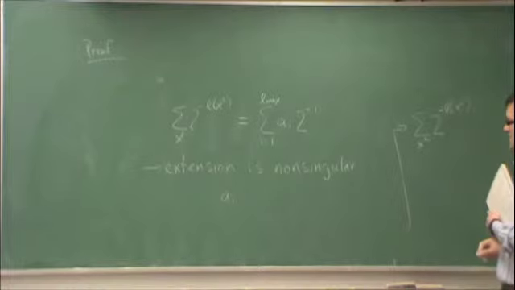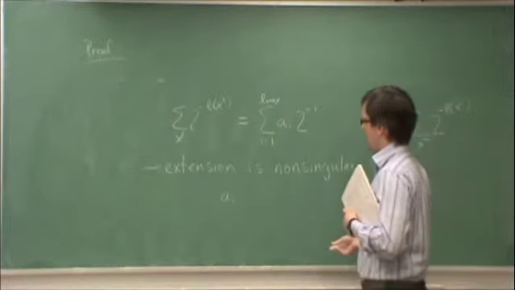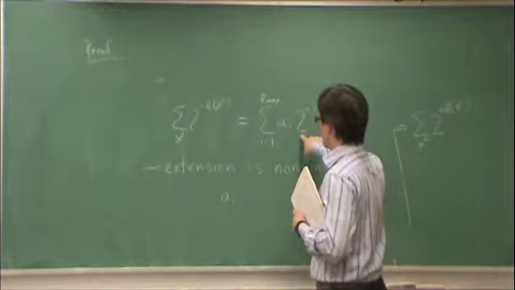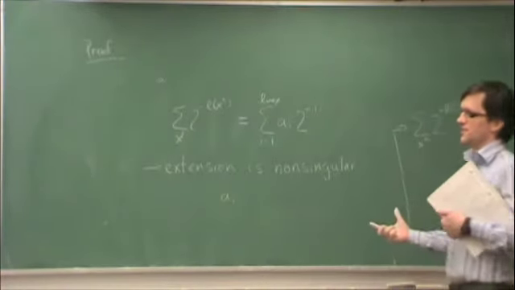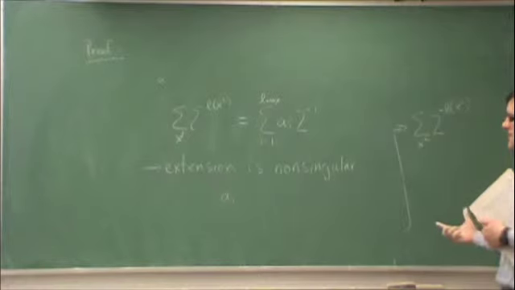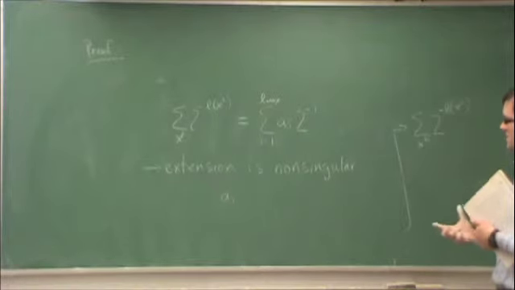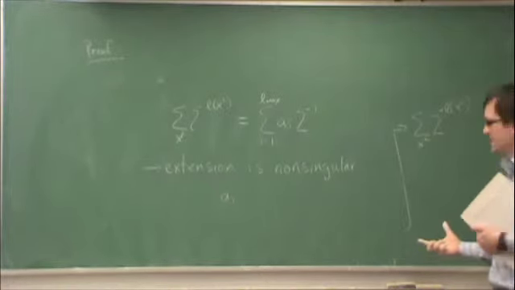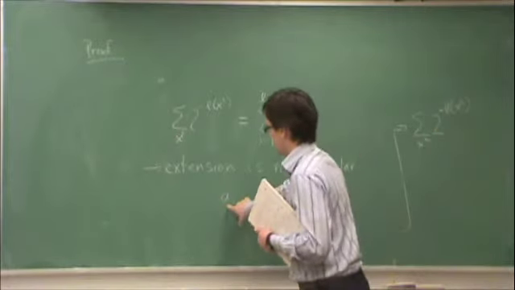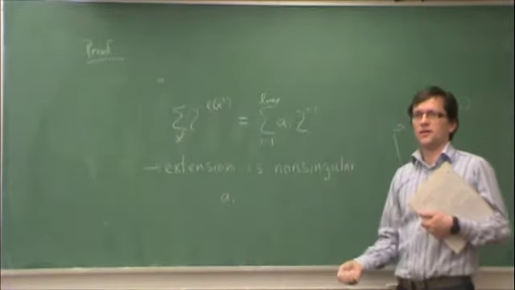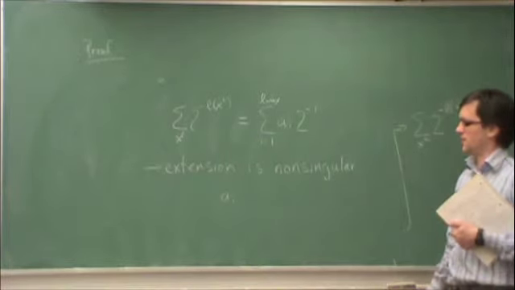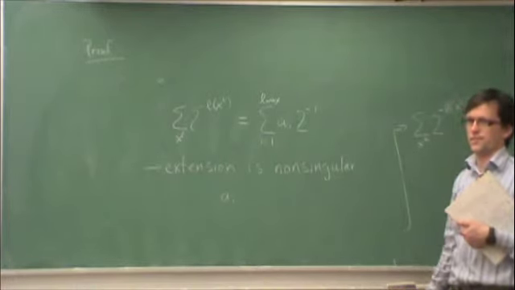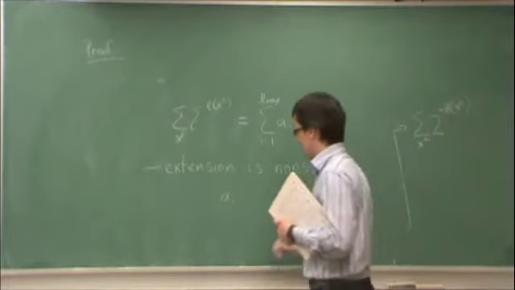If the extension is non-singular, then AI is the number of code words of length I. Being non-singular means that there have to be enough code words so that they can all be unique. So what's the maximum number of code words of length I? In other words, what's the maximum number of binary sequences of length I? The power set. Yes, it's 2 to the I.